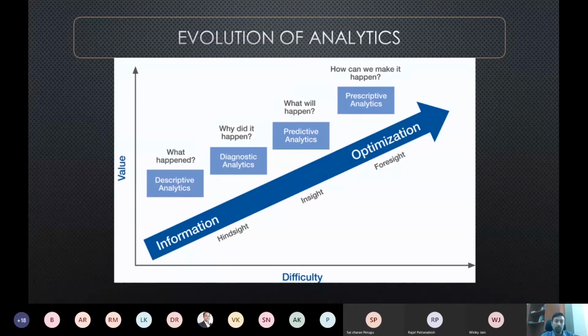So how it has evolved: you can see if you plot it against how much value is created by a particular analytics tool versus the level of difficulty faced to implement it. On the x-axis, you can also consider time, because these tools have evolved over the years, right? So this field of analytics has evolved from merely focusing on information gathering and processing to optimization.